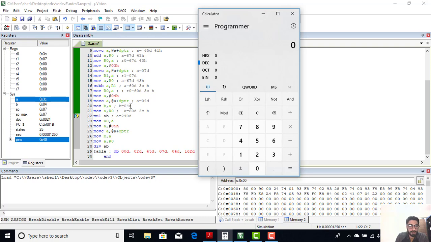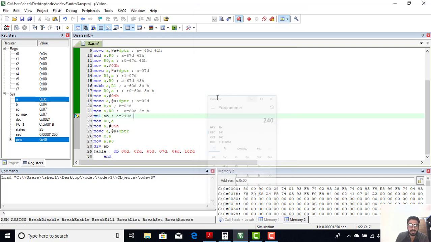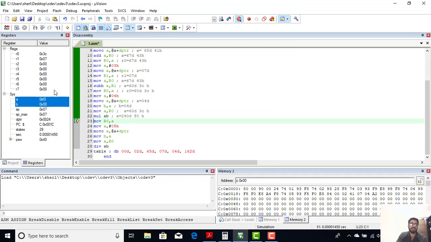Let's see how many in hex. Okay, 04 multiplied by 60 is 240 decimal, and it's the same as F0 hex. Let's move and see. Yes, as you can see here, and the value of B of course is equal to 0. And now this is the new value of A after doing the multiplication, 240 decimal and F0 hex.